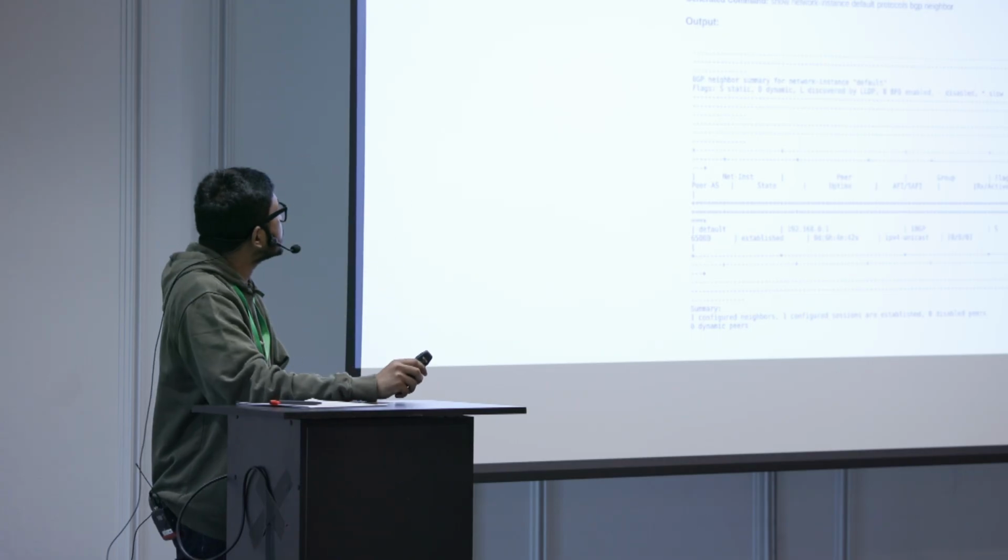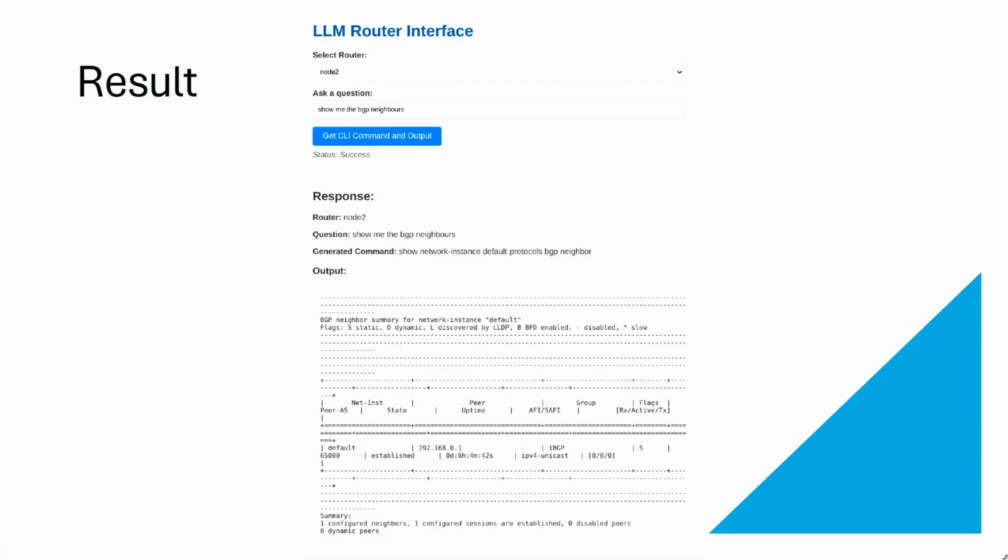Okay, this is the result. I'm not sure if you can see it. The question I asked: show me the BGP neighbors. Then I press the command, and it will show which router it connected to. There are only 2 routers, and I can select it from the drop-down, but it's just a basic thing. And it will show the generated command.